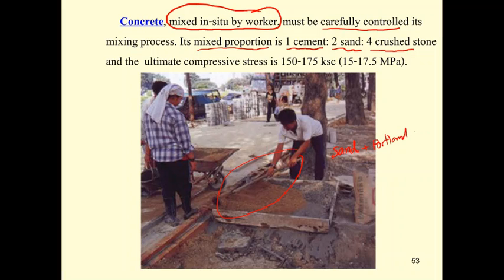Okay, and then when everything is in a good mix, now you can put in some crushed stone to mix it. And finally, you put in the water and mix everything together into the same homogeneous material.